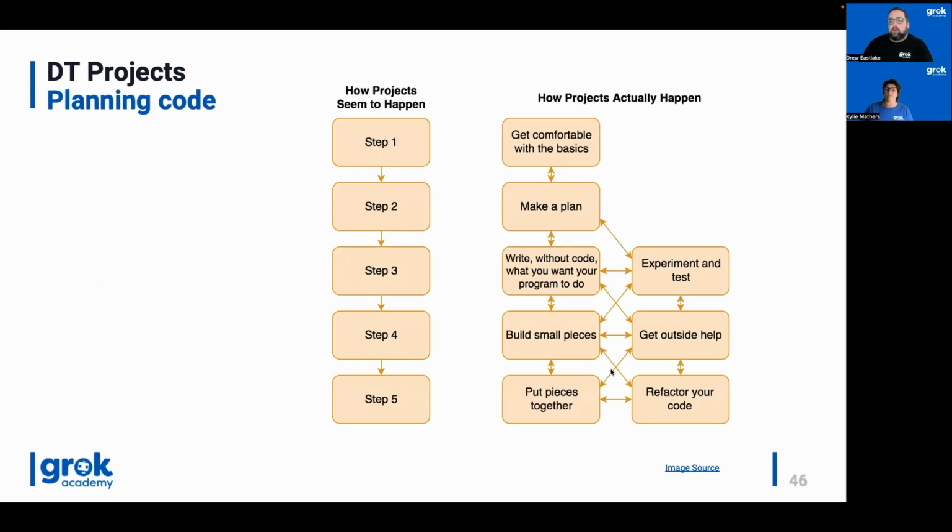Because no matter what we do, the idea of planning is the most important, right? There is no plan that's going to go step 1, step 2, step 3, step 4, step 5. You can see here that the idea of a project actually happening is never smooth. That's why we discuss agile. That's why we discuss debugging.